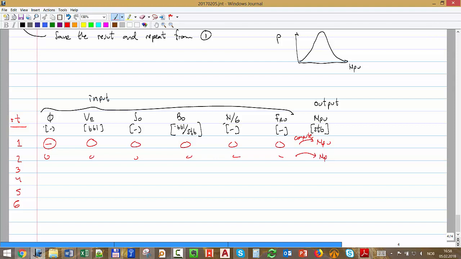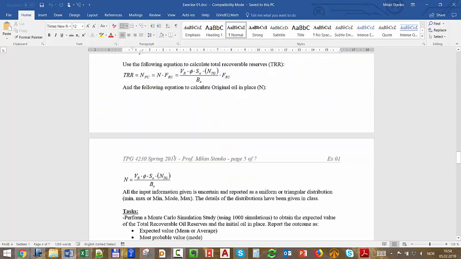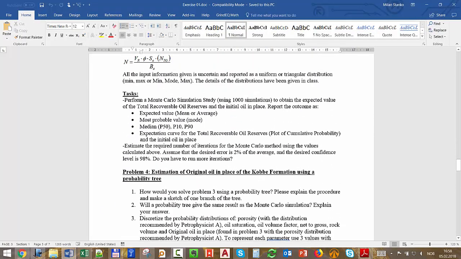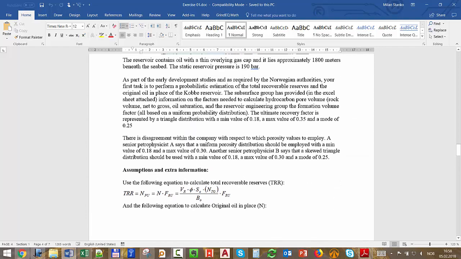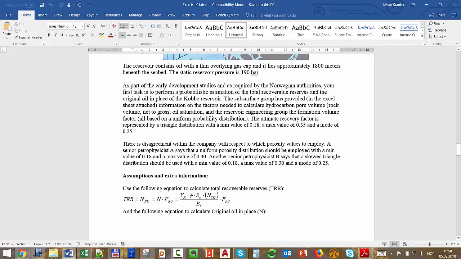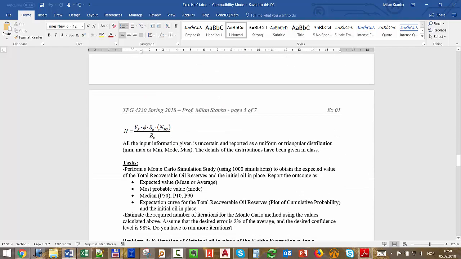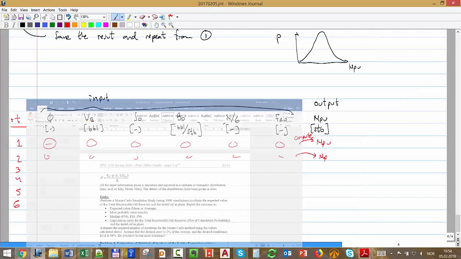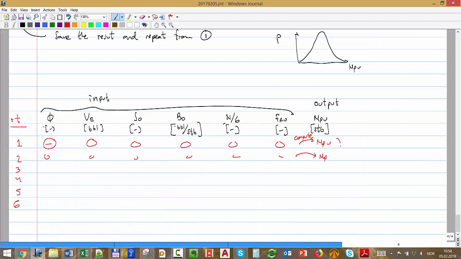We are going to repeat that. The exercise asks for 1,000 iterations, 1,000 simulations, and then we are going to make the probability analysis on these results, the frequency on all the NPU calculated.